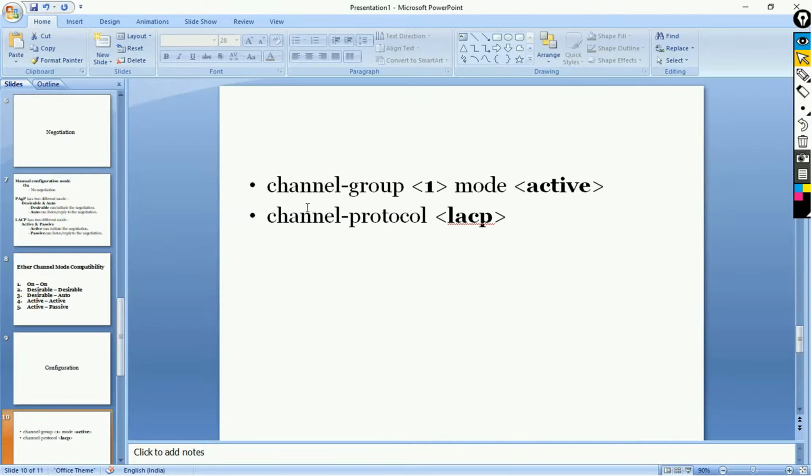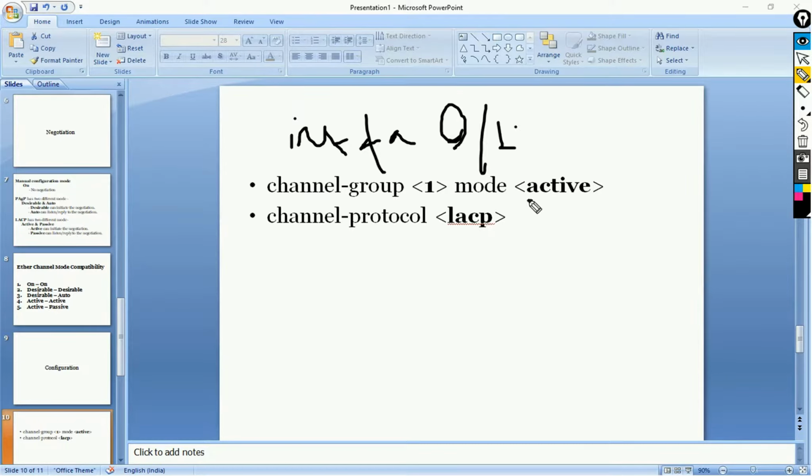Okay, you go inside the interface, suppose it's interface FastEthernet 0/1. Okay, and then you write the command channel-group 1 or 2 or 3 or 5 or 6, and then mode, which would make sure which protocol you're using.